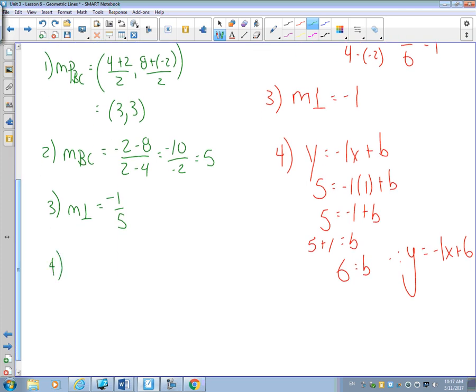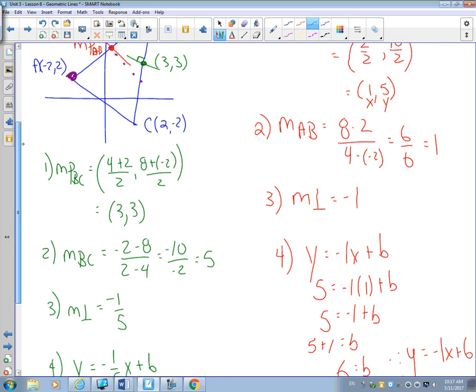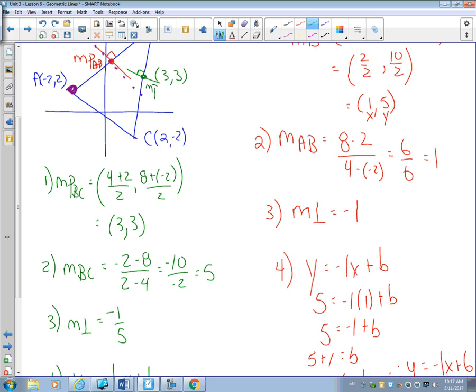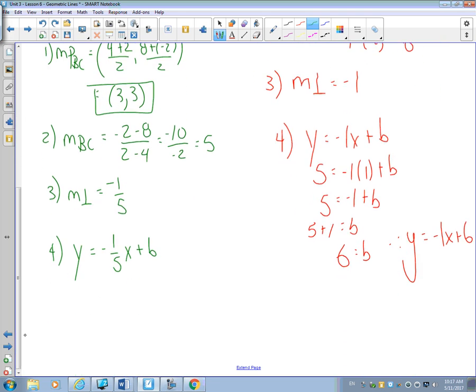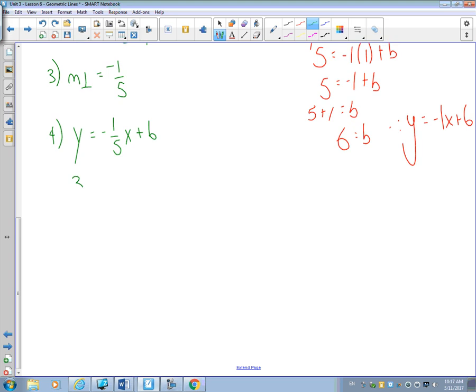And step 4, let's find that equation. y = -1/5 x + b. The only point for sure that I know was that midpoint, which are these numbers. All right, let's fill them in. Solve for b. So 3 for y, 3 for x, and calculate. Multiply straight across. I'll bring this over to the other side.